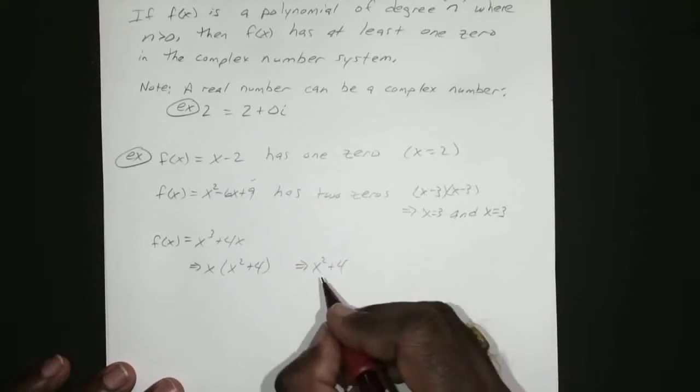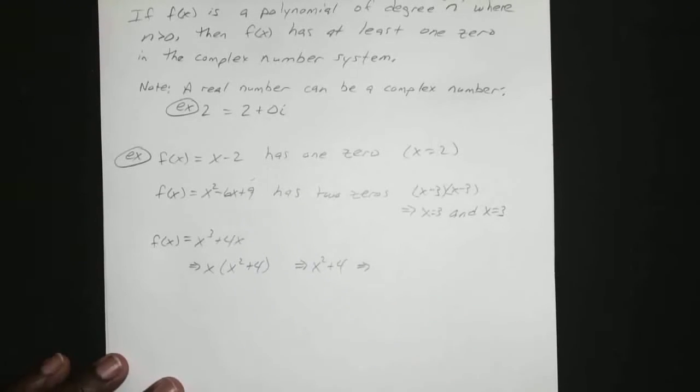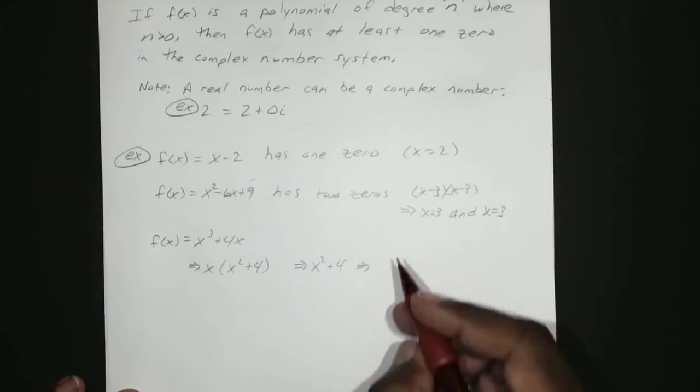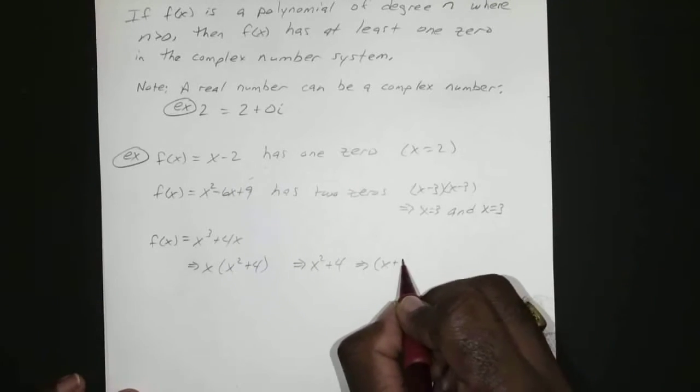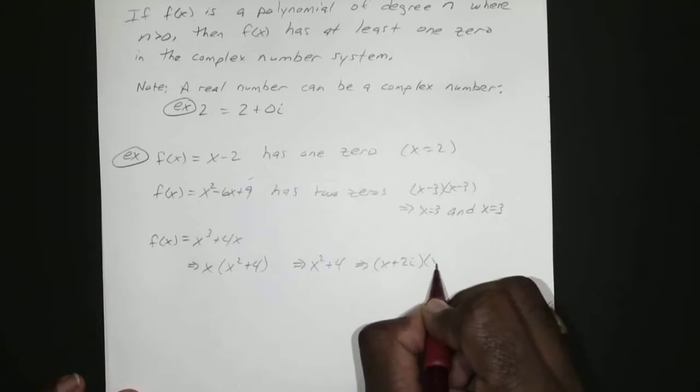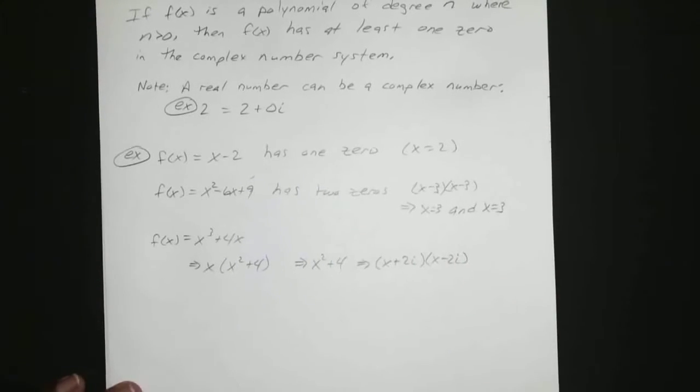Remember that's not a difference of squares, so you can't use that. But you could probably use the quadratic formula, or various other methods. So you have x times x plus 2i, x minus 2i.